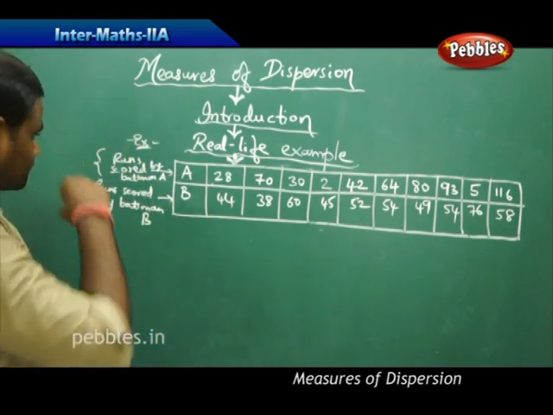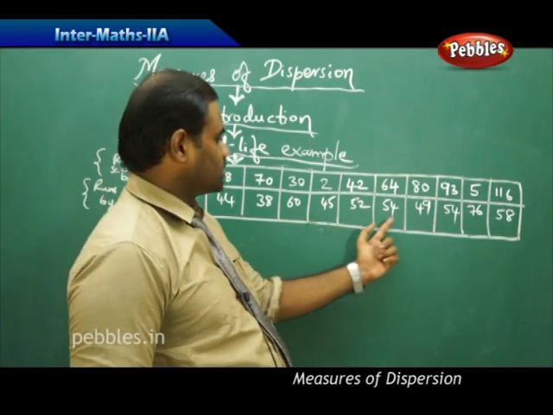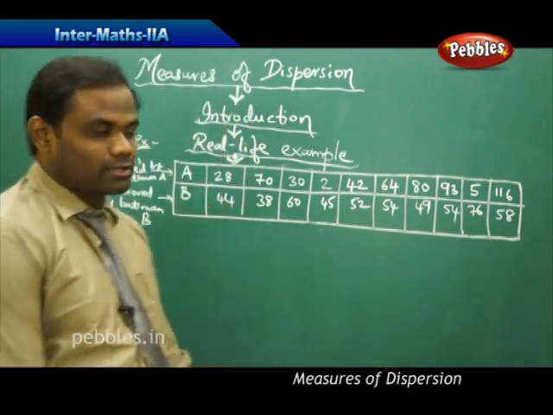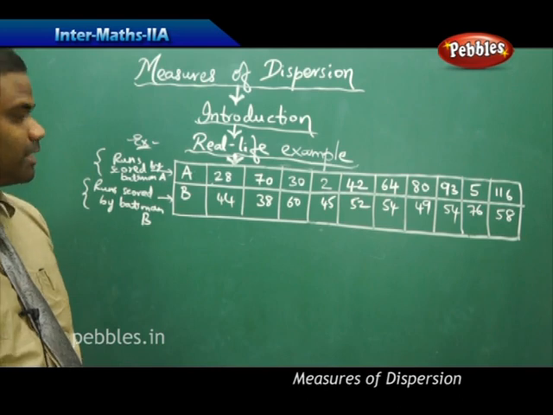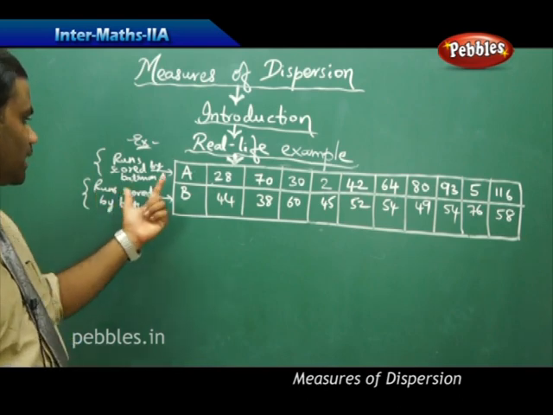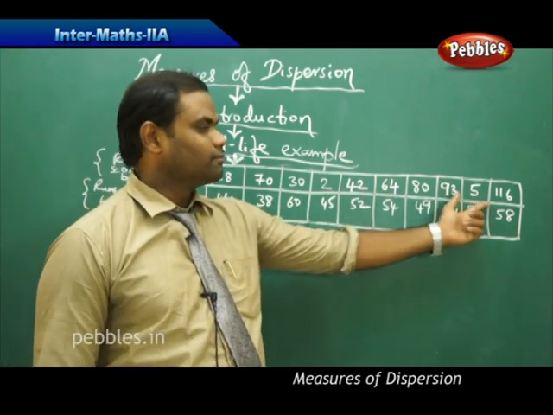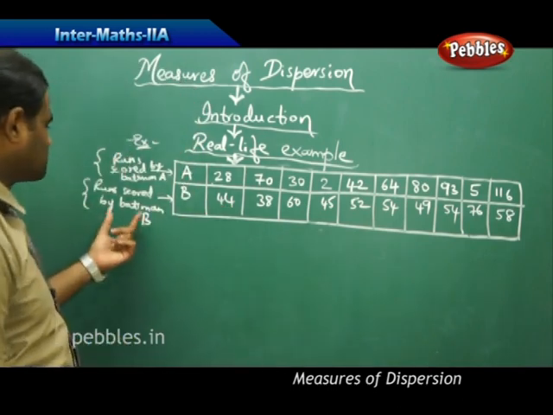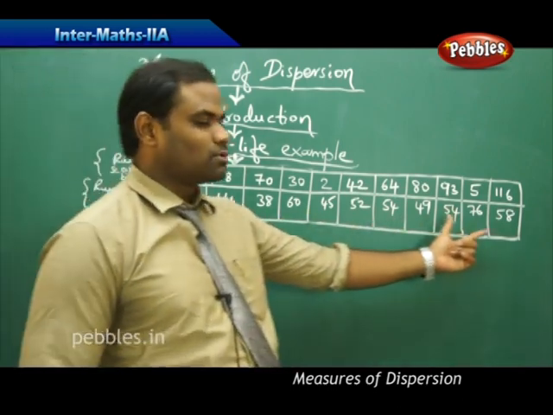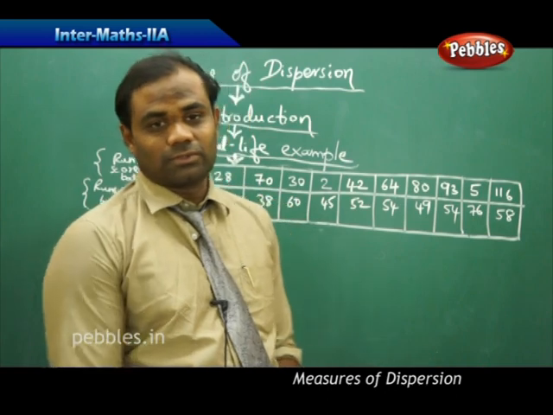So 1, 2, 3, 4, 5, 6, 7, 8, 9, 10. There are 10 international matches, in which batsman A has scored different scores in each of the 10 matches, and batsman B in each of the 10 matches has also scored a different set of scores.